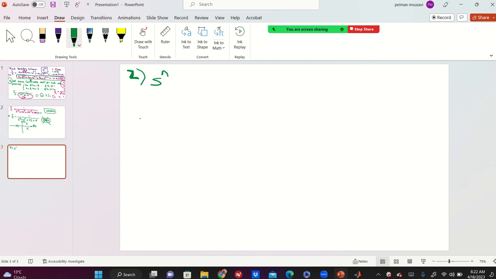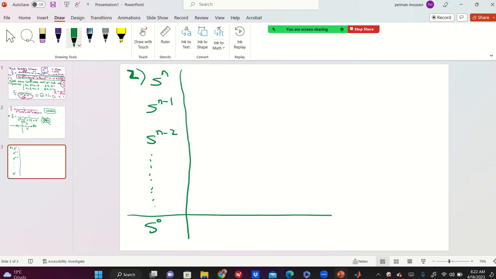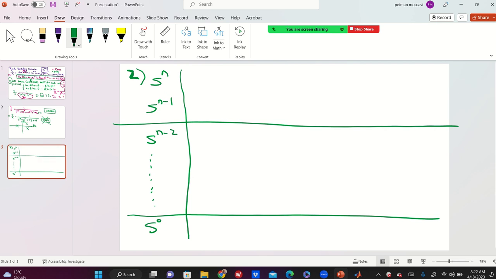S^n, S^(n-1), S^(n-2) coming down, S^0. Put the lines here, and we're going to talk about that.